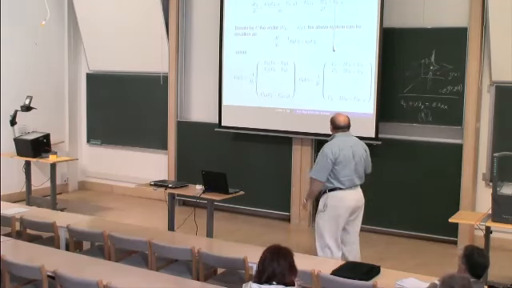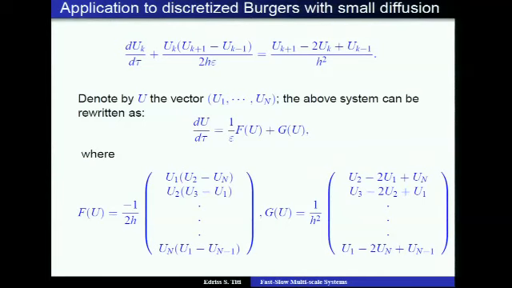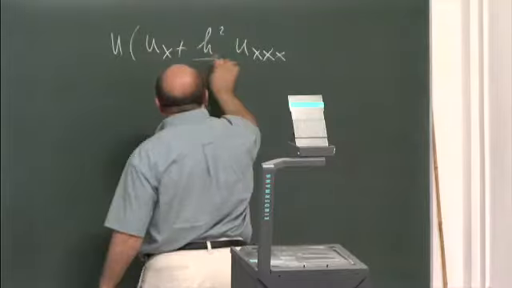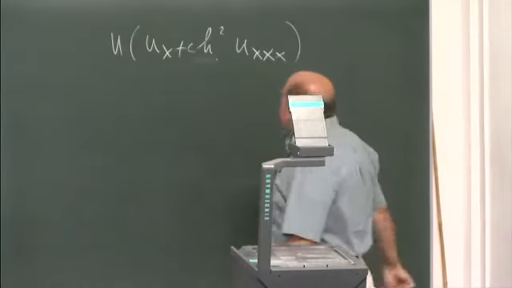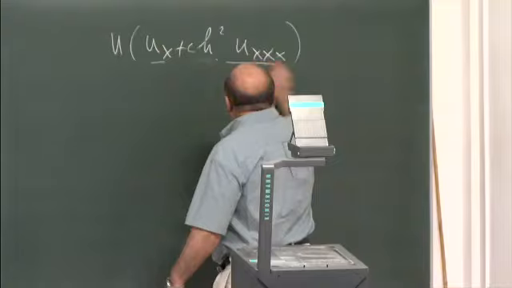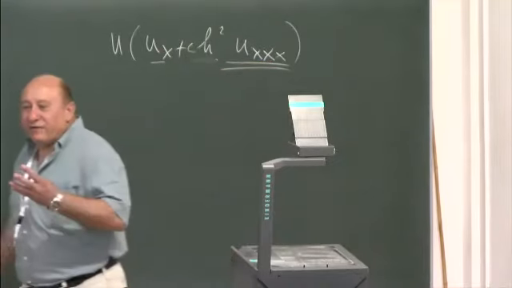So Lax and Goodman investigated this specific scheme, because in particular, if you do the Taylor expansion of this discretization of the nonlinearity, it will approximate not only u u_x, it will approximate u u_x plus h squared u_xxx, maybe divided by some constant here. This is basically approximating more, not only the advection, but something with 3 derivatives times u.